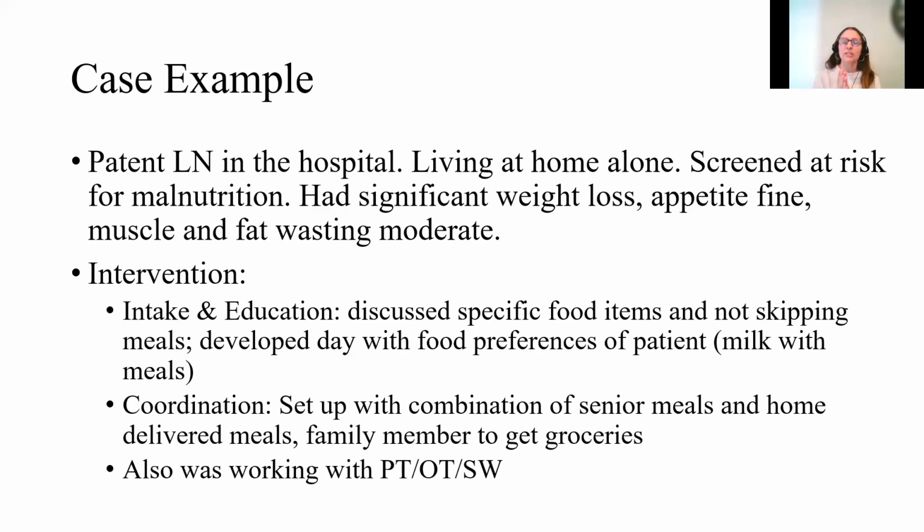Not skipping meals, encouraging not skipping meals. Developed a regular day with some food preferences in there. Set up a combination of senior meals and home delivered meals, and also connected with someone from the family to get groceries. This patient was also working with other sources from the facility.